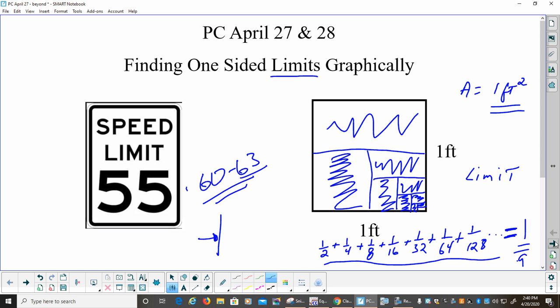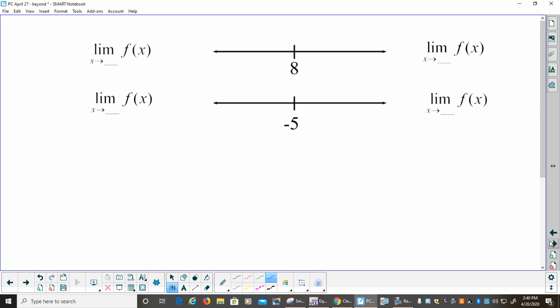Okay? This idea of a limit is something that we're going to start to work on and get our heads around. So here it goes. A limit can be asked in a couple ways. First off, this is what it looks like. When you read it, I'm going to write it out: the limit as x goes to.